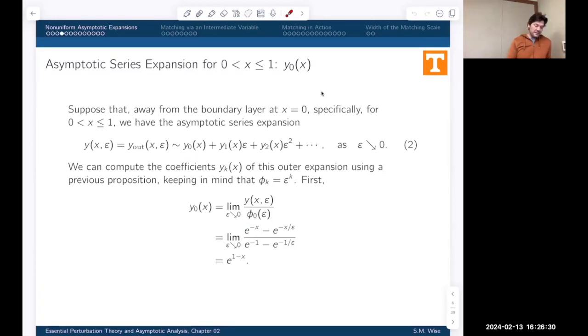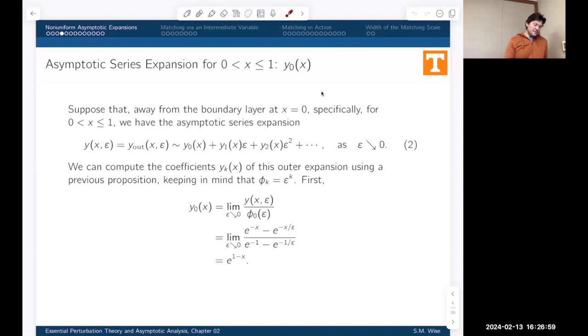The coefficients here are y0 of x, y1 of x, y2 of x, and so on. Now, if this function doesn't depend on x, then these are simple coefficients. But since it does depend on x and epsilon, and epsilon's a small parameter, the x dependency gets bound up in the terms, in the definition of the terms.